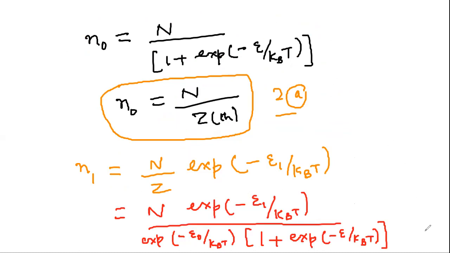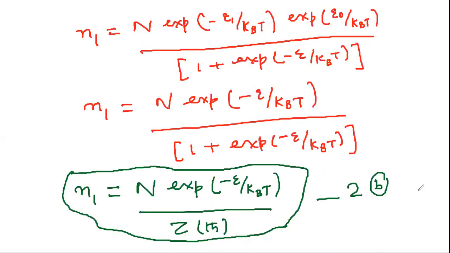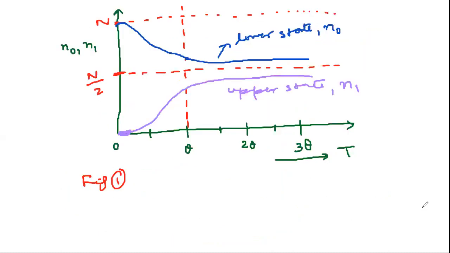Similarly, the occupation number pertaining to state 1 given by 2B also has dependence on absolute temperature T. So we have plotted them. The blue curve gives the dependence of N0 on temperature, and the purple one gives the dependence of N1, occupation number pertaining to J equal to 1 state, on temperature.